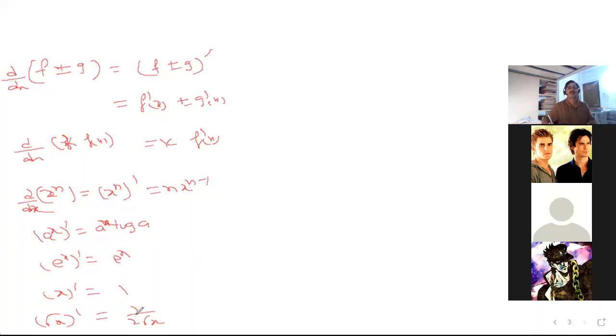Root x derivative is 1 by 2 root x. Another one, log x derivative is 1 by x. Another one, 1 by x derivative is minus 1 by x square, or 1 by x to the power of n derivative is minus n by x to the power of n plus 1.